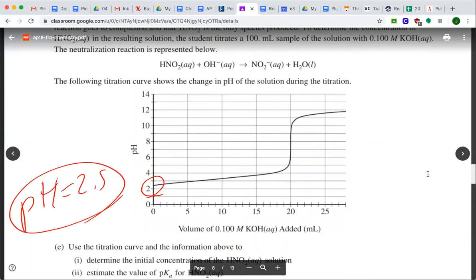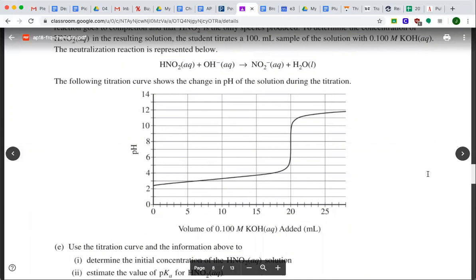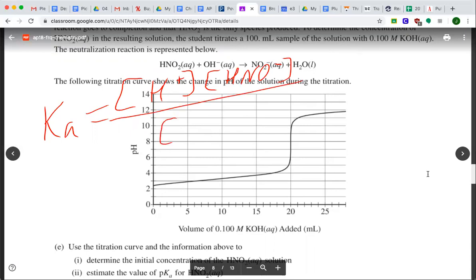Okay, so what does that allow us to do? That allows us to set up an equilibrium equation. So you know Ka equals the concentration of H plus times the concentration of NO2 minus, sorry, not HNO, but it's NO2 minus.